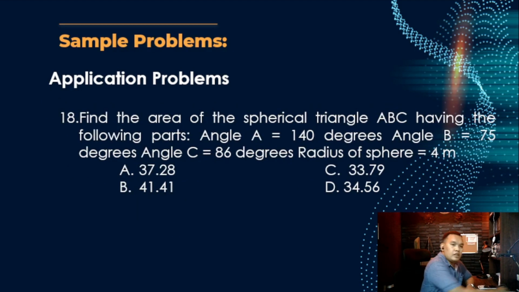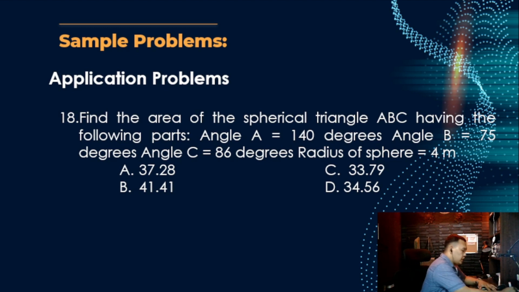Problem number 18. Find the area of a spherical triangle ABC having the following parts. Angle A is equivalent to 140 degrees. Angle B is equivalent to 75 degrees. Angle C is equivalent to 86 degrees. Radius of the sphere is 4 meters. Okay. So, number 18. When we talk about area, we have the formula.